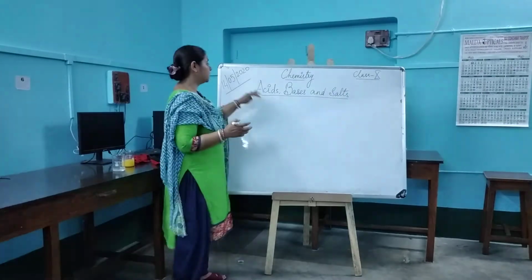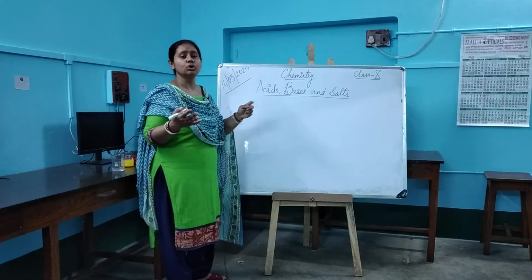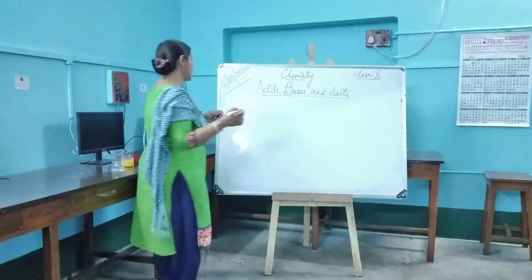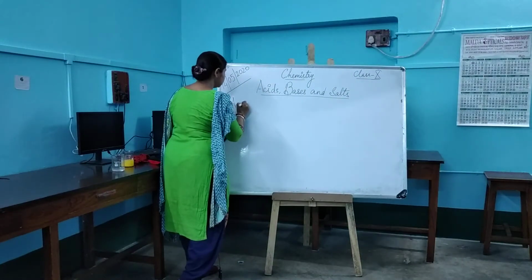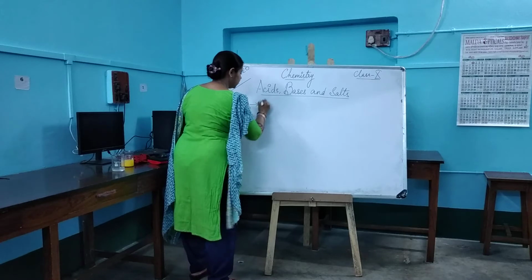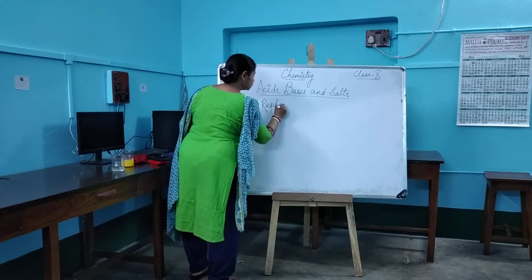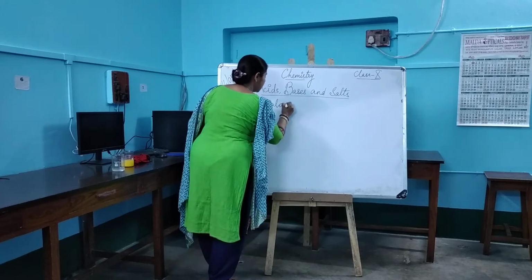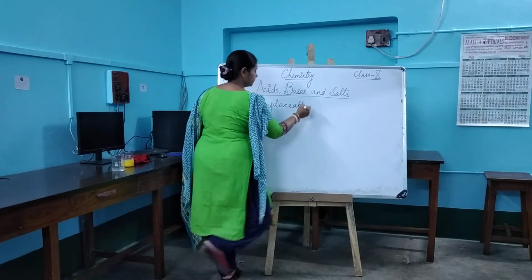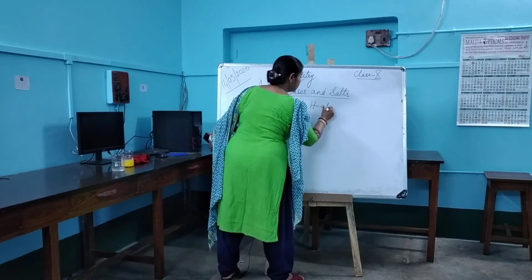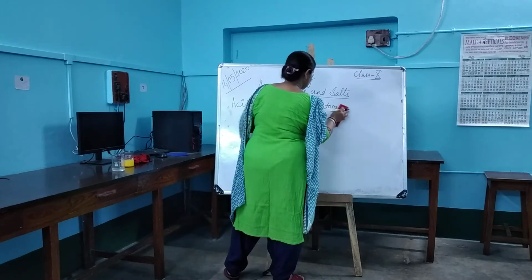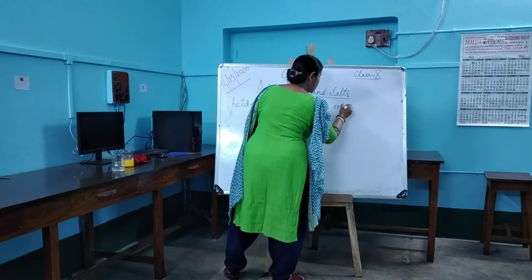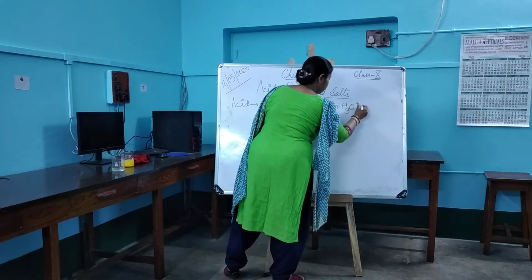To begin with acids, I told you that acids are those substances which have replaceable hydrogen. This is the word that I have used: acids are those substances which have replaceable hydrogen ion or hydronium ion.